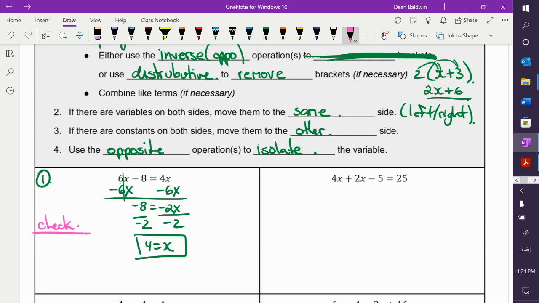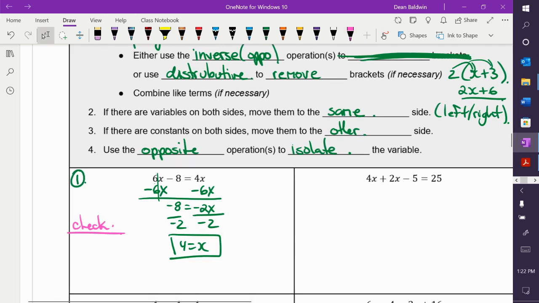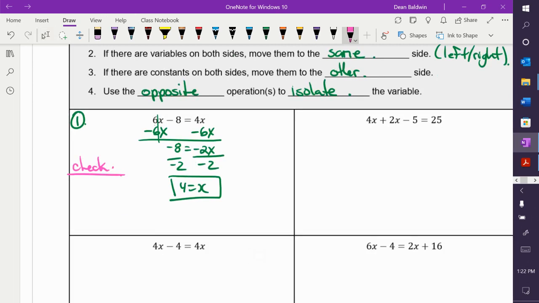Okay. So you have to put the 4 into every x that is in there. This is becoming more important now when the questions get more and more complex. So the 4 goes into every x.